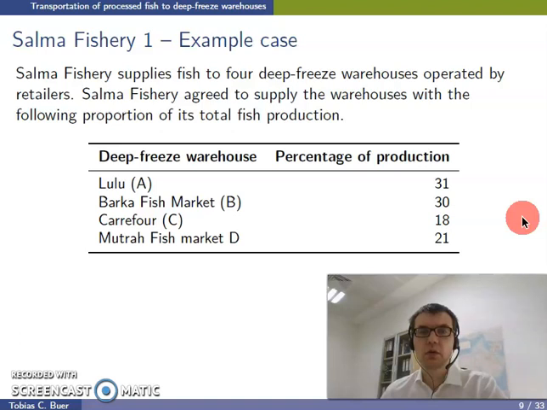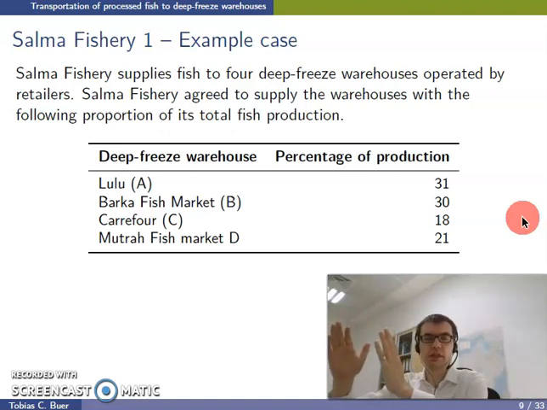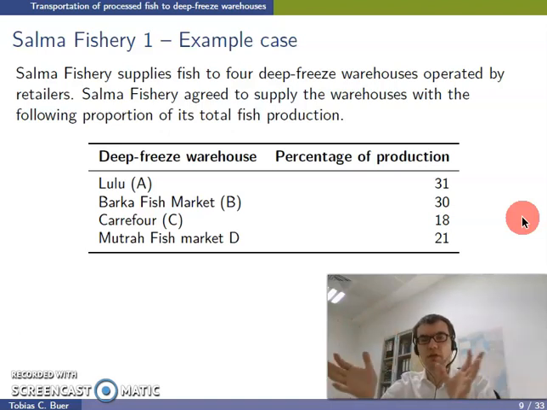So now we look at the example of bringing the fish from the factory to our retailers. This is a part of this value chain that we want to look at.